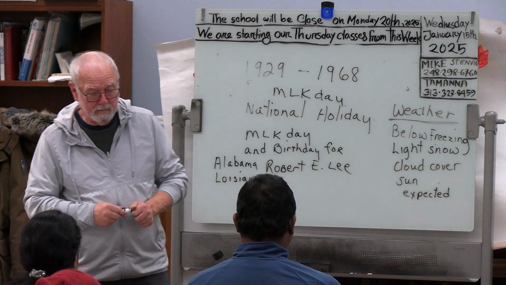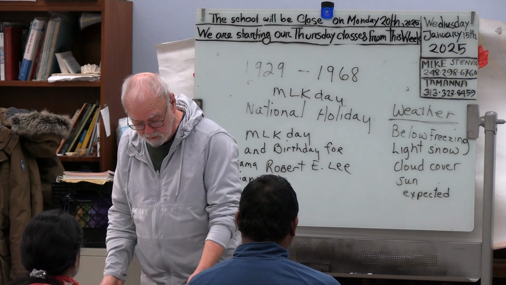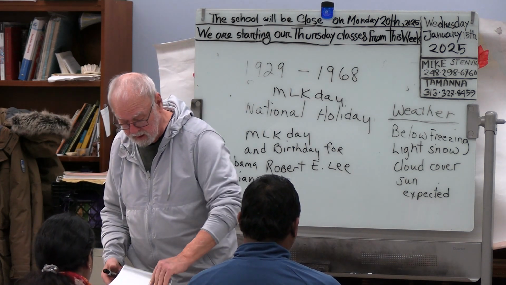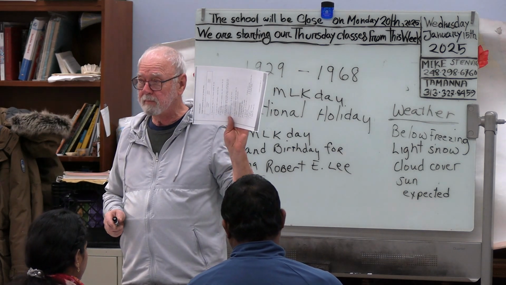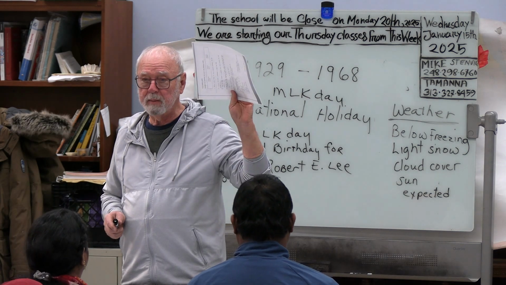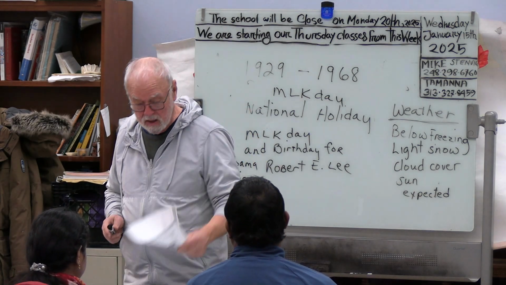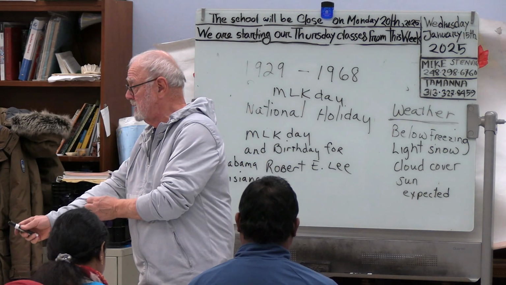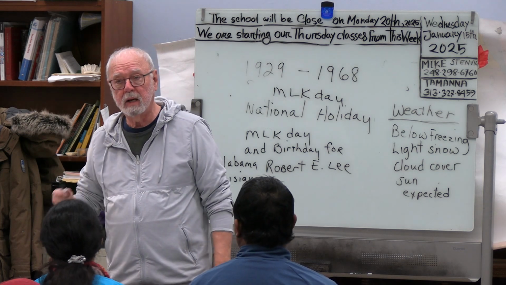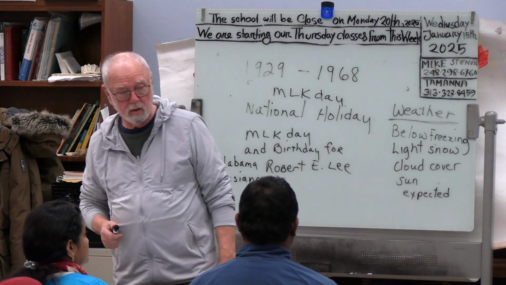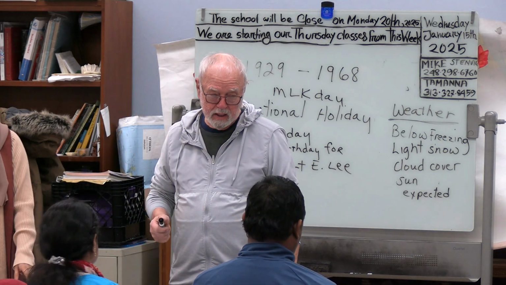So I'm going to give you this to do as homework, okay? And bring it back on Tuesday. I have another sheet that Kamana copied for us, and we will talk more about Martin Luther King on Tuesday.